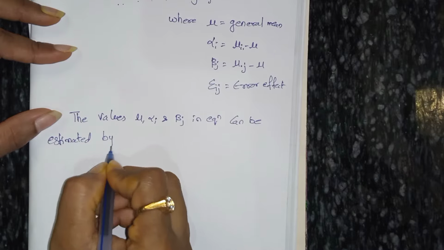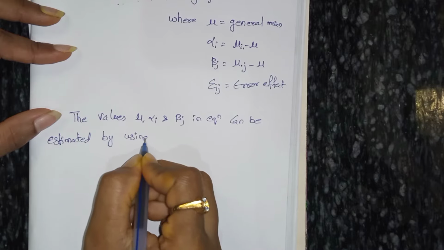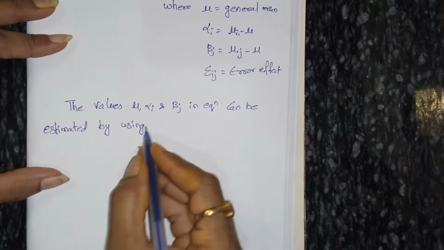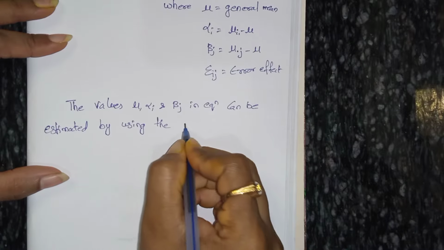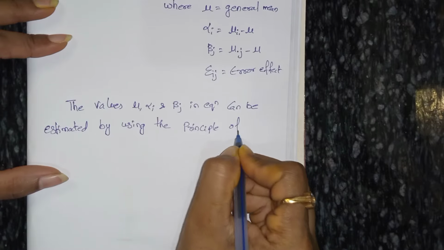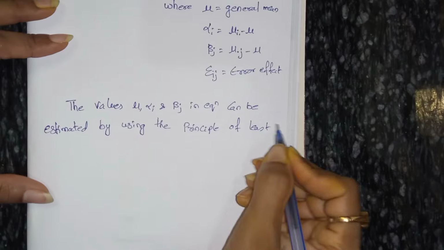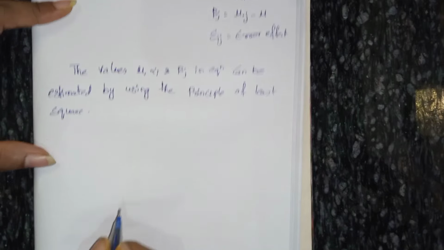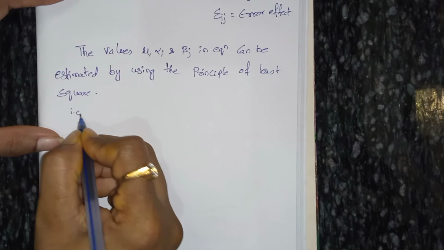We all know unknown values are estimated by using the principle of least squares method. So what is the principle of least squares method?